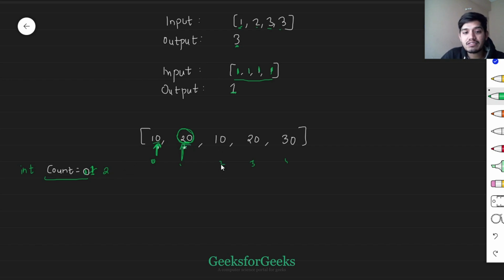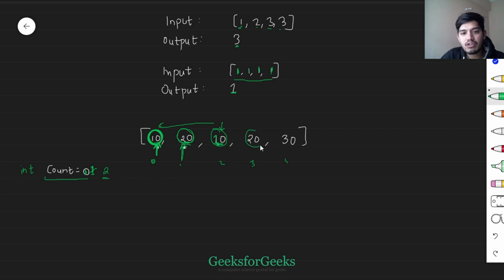Now when we are at index number 2, we check the left to see whether there is any repeating element for 10. If 10 is already there, then we will not increment anything. If 10 is not there, then we will increment. Going to the left, we have seen that 10 is already there, so we will not increment our counter. The counter remains 2.